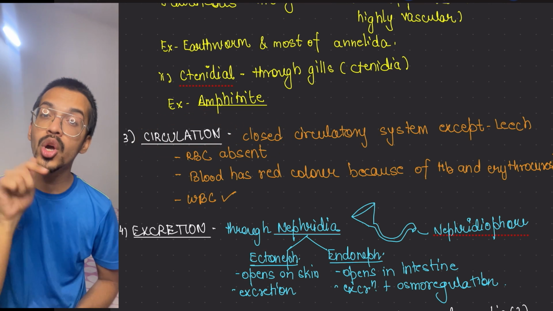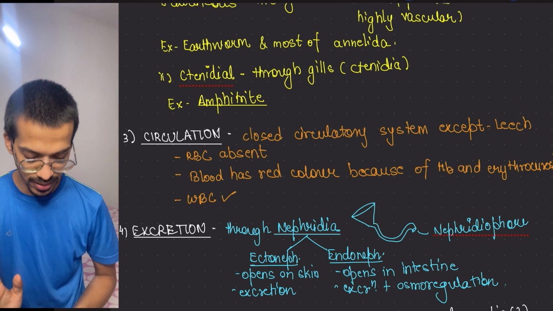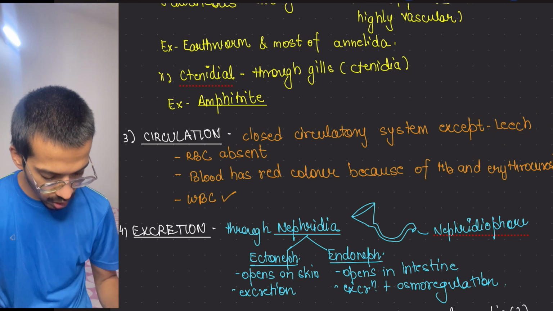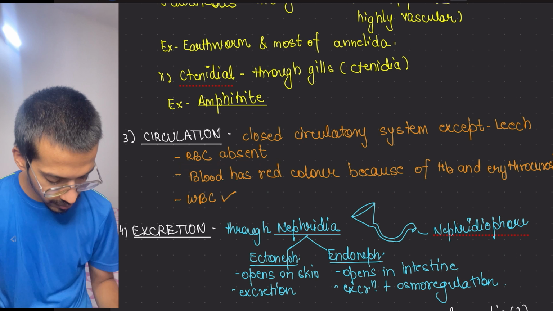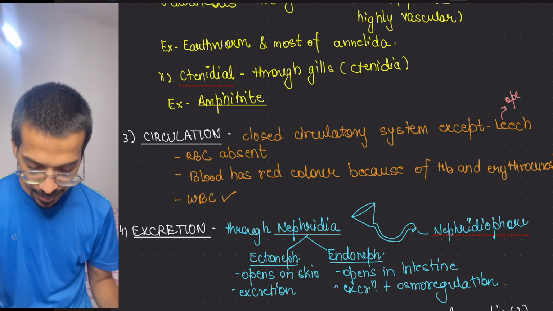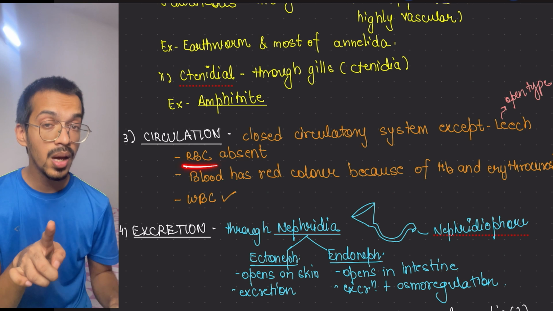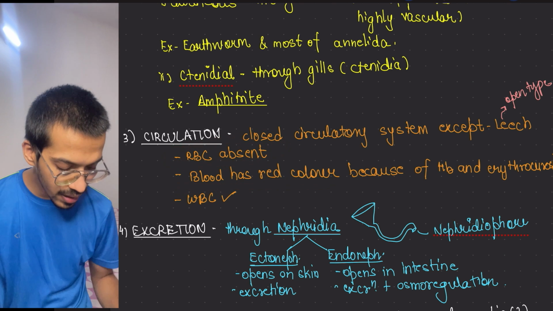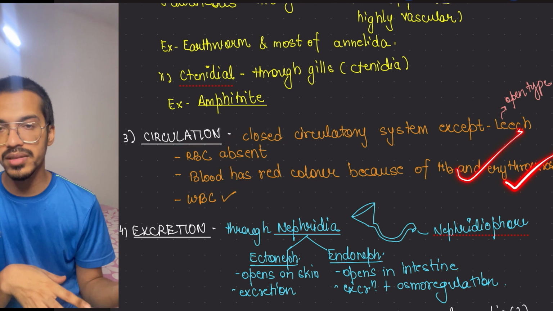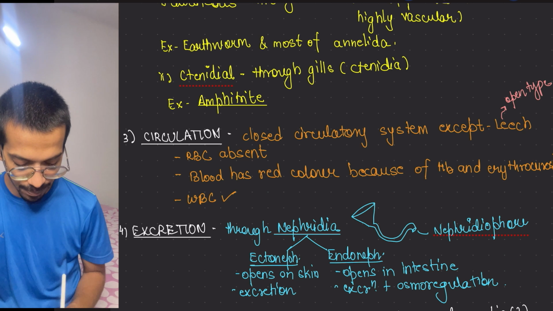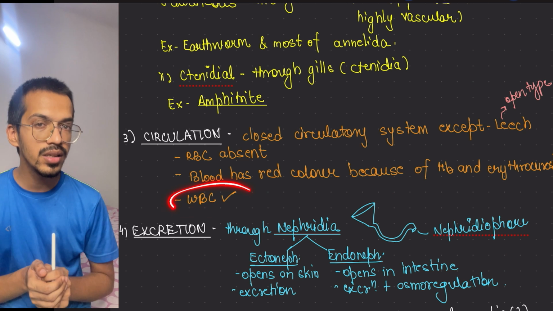The leech has an open circulatory system. RBC is absent in their case. Blood is red in color because of the hemoglobin and erythrocruorin pigment dissolved in it. WBC is absent in their case.